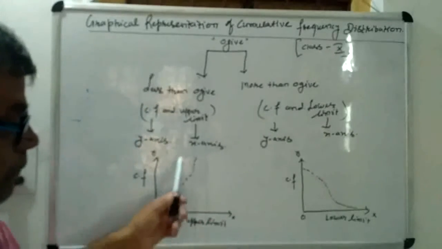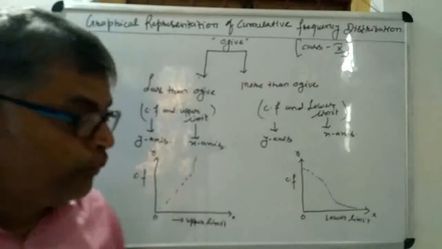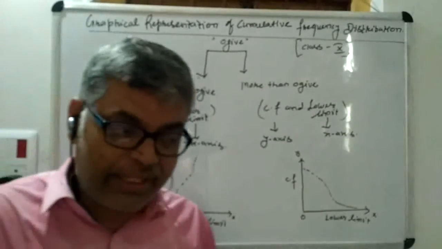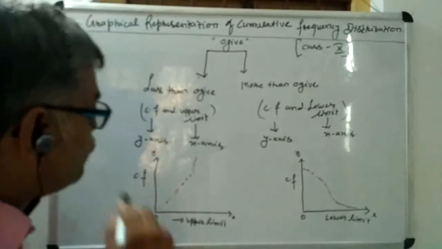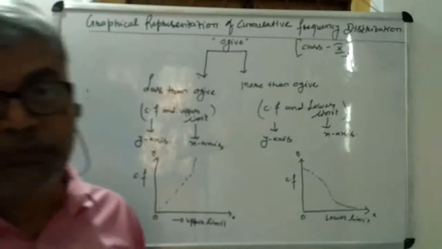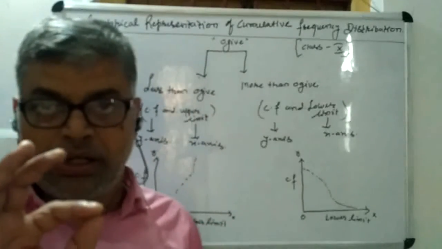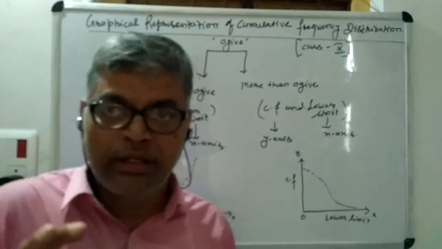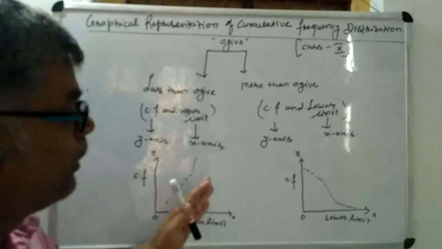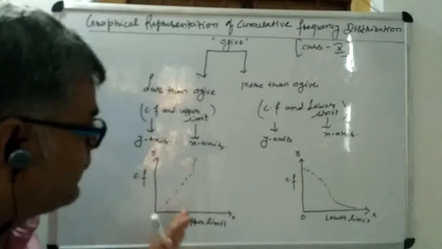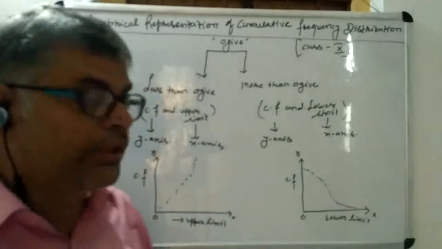When we plot the points, we should not use a scale to join them. We have to join the points by a freehand, little curve. In this way you can draw the less than ogive and the more than ogive.